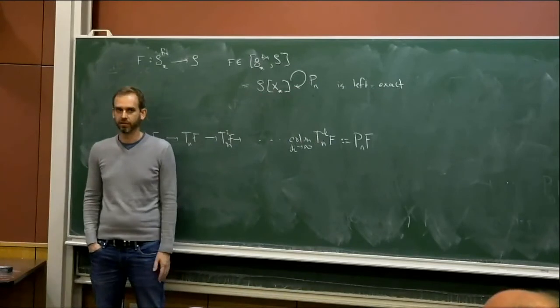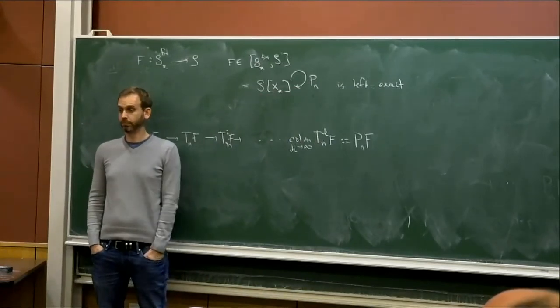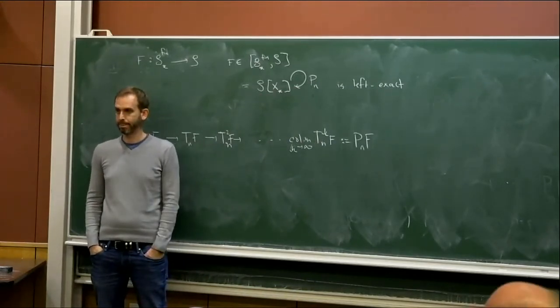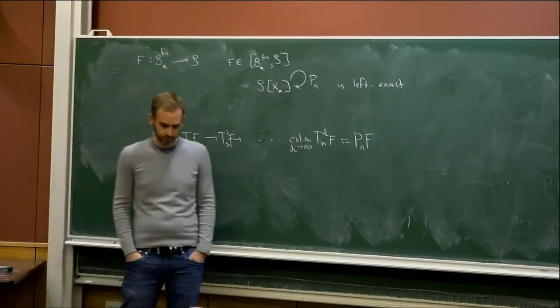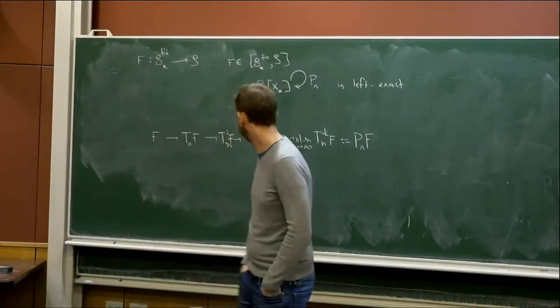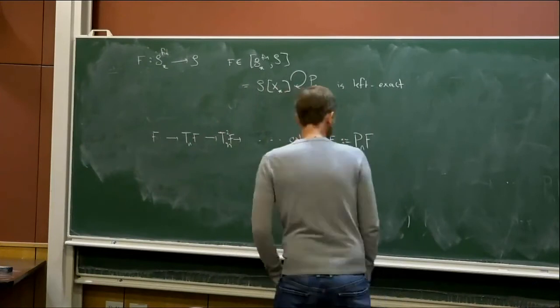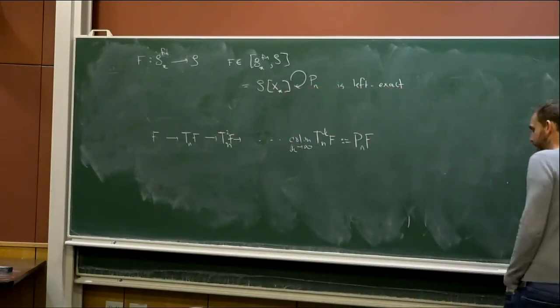You can take the homogeneous part, the fiber of Pn over Pn minus 1. And there's a formula that is like a Taylor formula. That's exactly right.